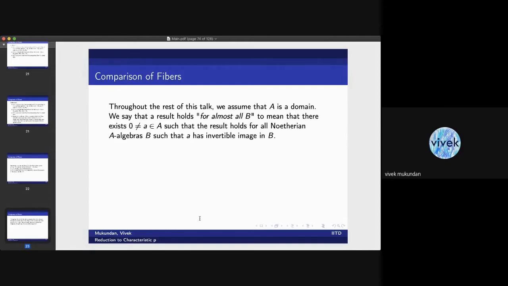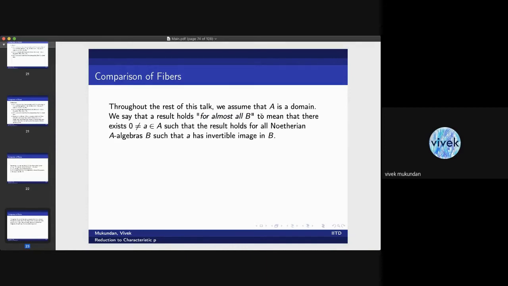The conclusions of many of these theorems are actually not just true for fibers, they are true for any A-algebra B such that A has an invertible image. So if it is true for almost all B, then it will definitely be true for almost all fibers.